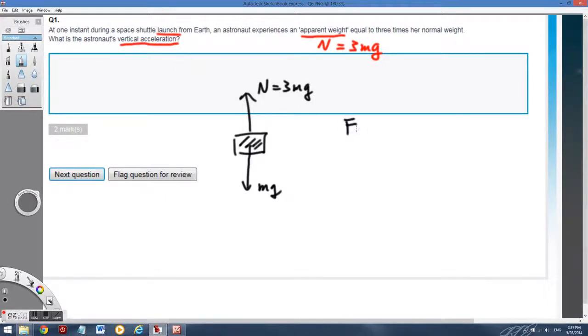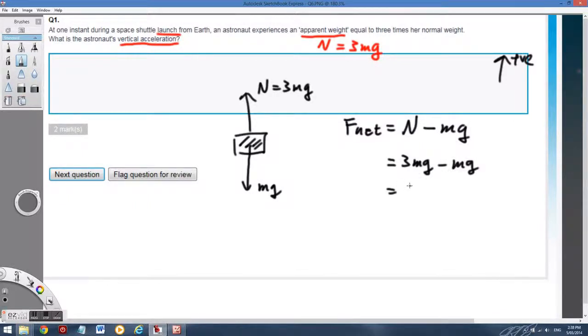By Newton's second law, the net force is the sum of all forces. So normal force take away the weight force, which is acting downwards: 3mg take away mg.